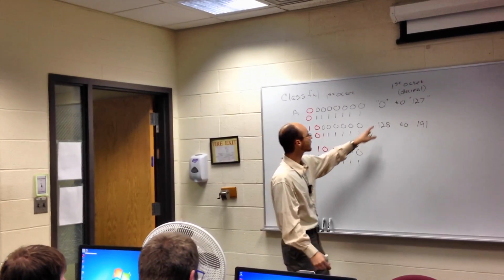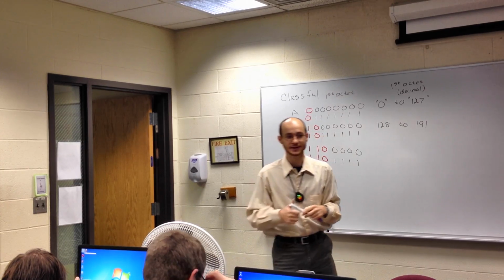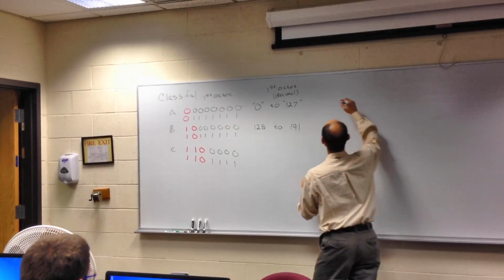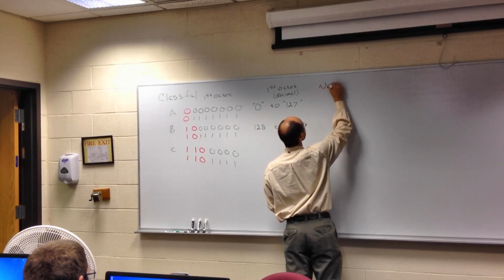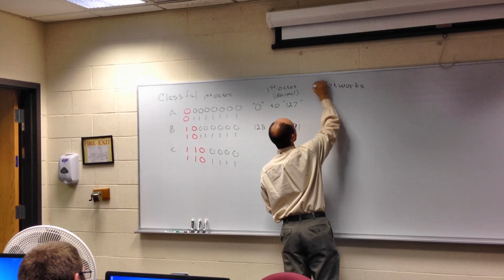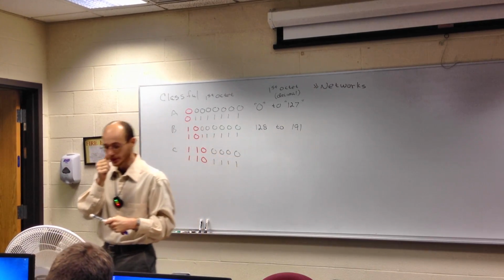Clear about that, guys? So technically, a Class A will go from 1 to 126. How many networks then can a Class A handle? So if we're doing out this chart, how many networks? So the number of networks, because this is going to be a growing question as the class moves on.